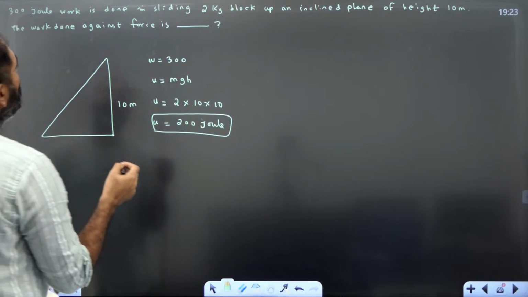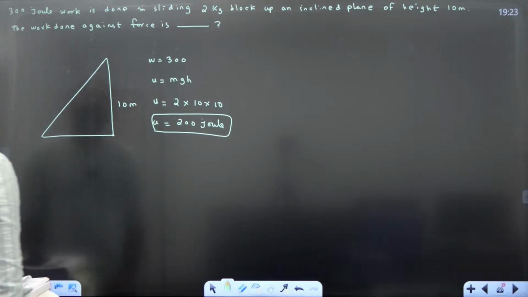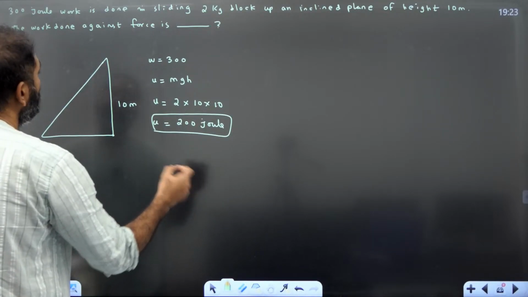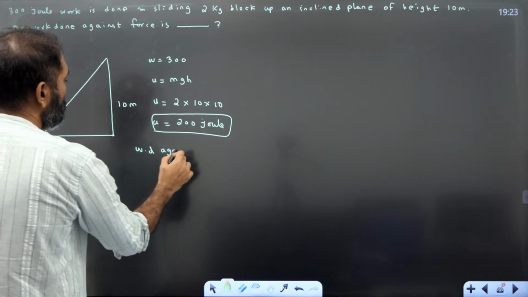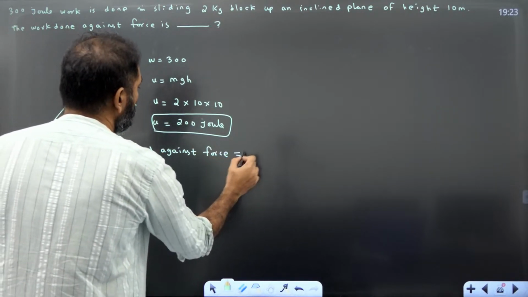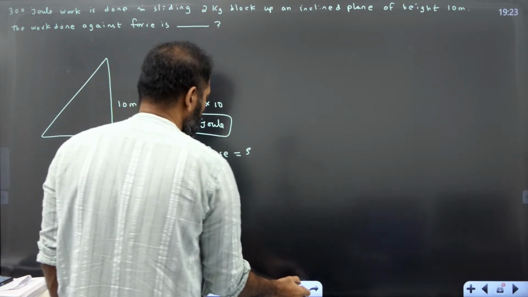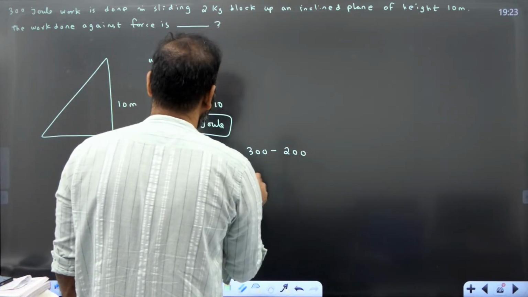What we have to find out is the work done against the force, which will be 300 minus 200.